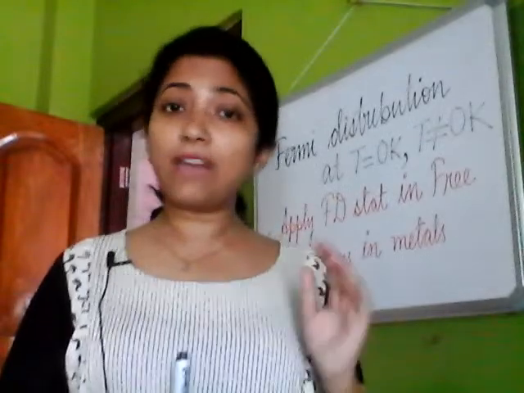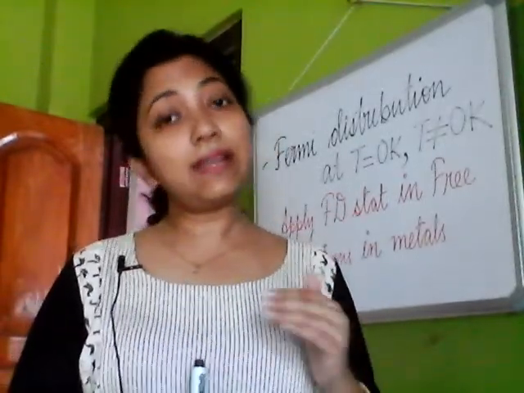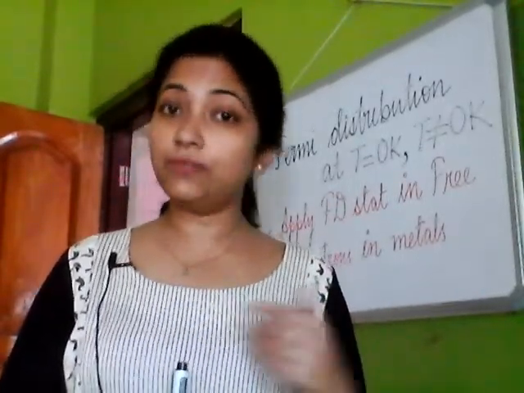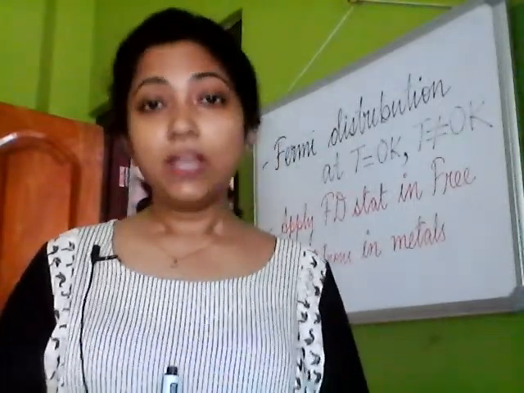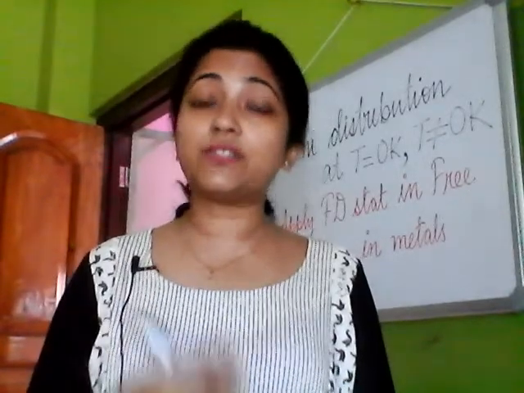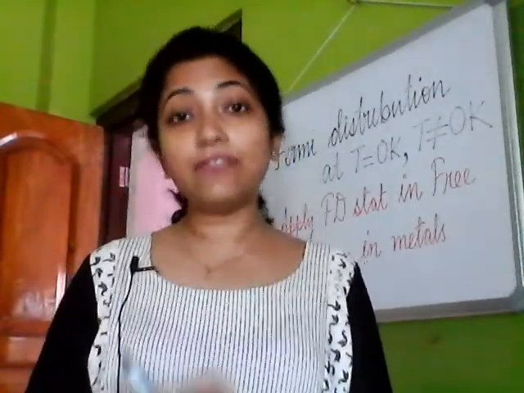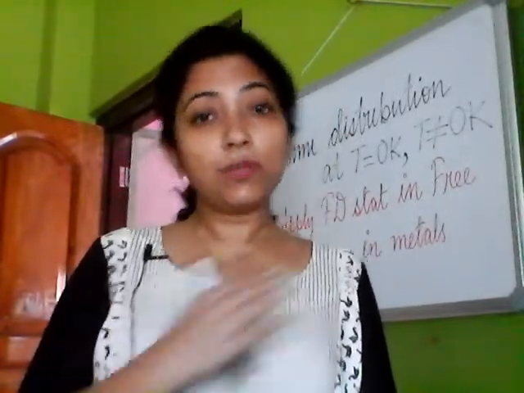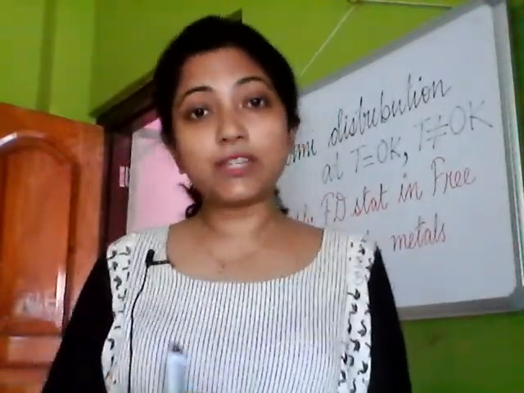Now see what we have already done. We have seen how the individual distribution functions for these three look. Today let us see how we are able to apply this distribution function so that we get to know more about these systems. I will only be telling you about the application of FD statistics today.